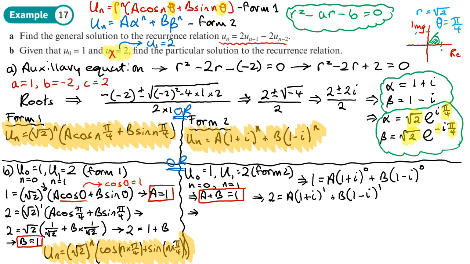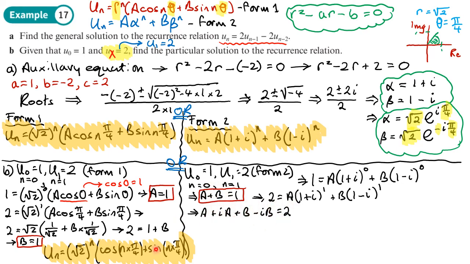So basically we will have, and I'll write it this way around, a plus ib plus ia, so I'm expanding the first bracket. Then expanding this bracket here, that will be b minus ib equals 2.